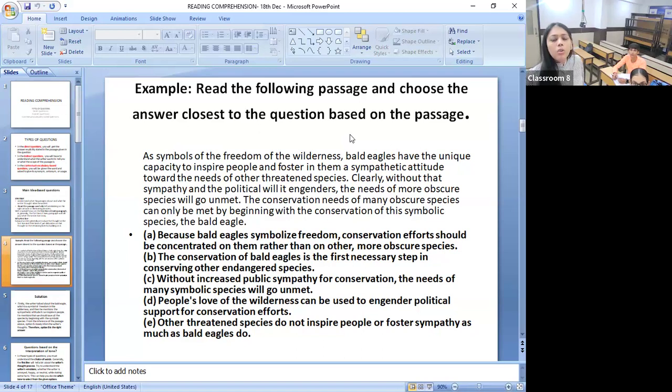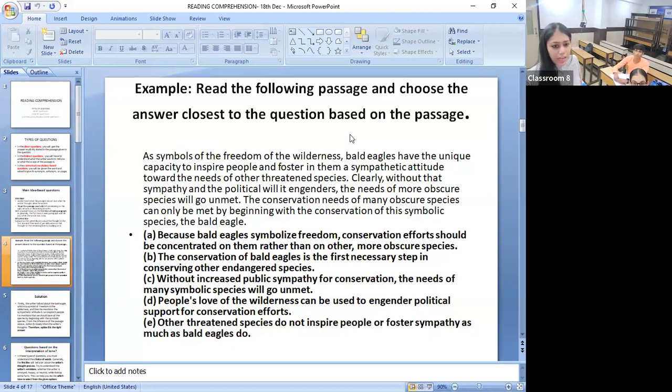Okay, why I'm going with Shantanu is because he has picked up the first line. You see the first line of the paragraph? As symbols of the freedom of the wilderness, they have the unique capacity to inspire people and sympathetic attitude towards the need of the other threatened species. If I go with the second one, first necessary step. Why? Because if you want to do the second part, you have to do the first part.